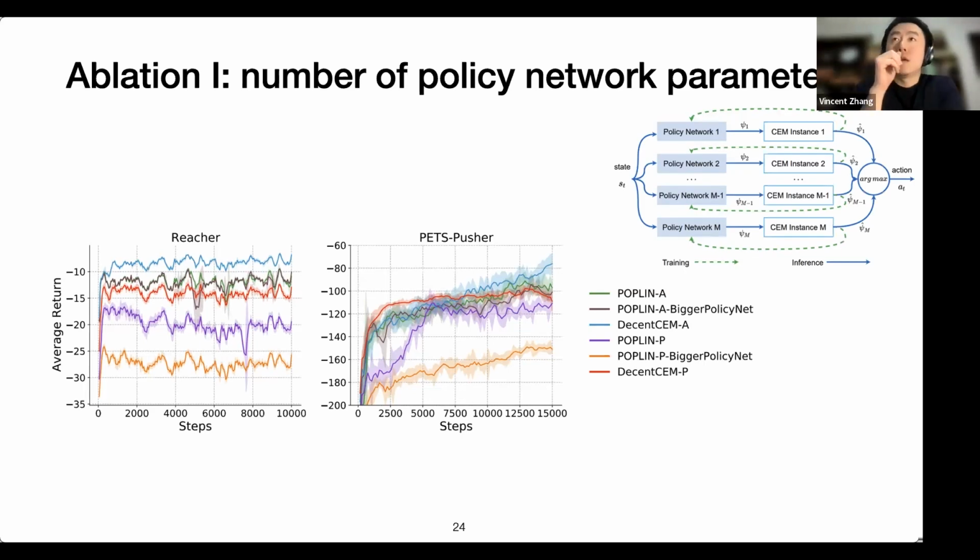All right, so we just need to pay attention to these 2 methods that have this bigger policy net suffix, and that's what we did to increase the number of policy network parameters such that it's equivalent to that used in the DecentCEM version.